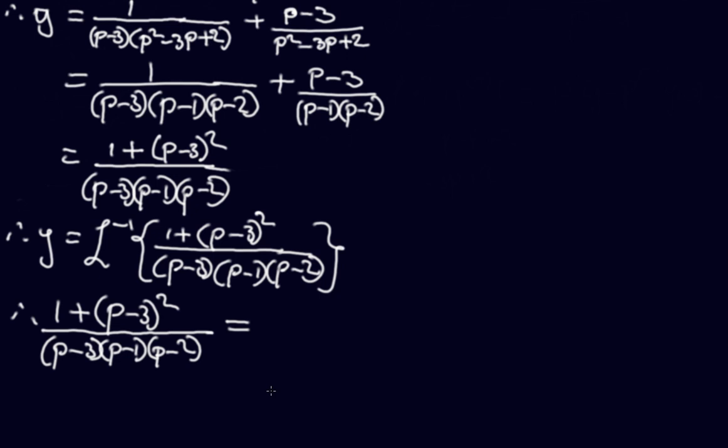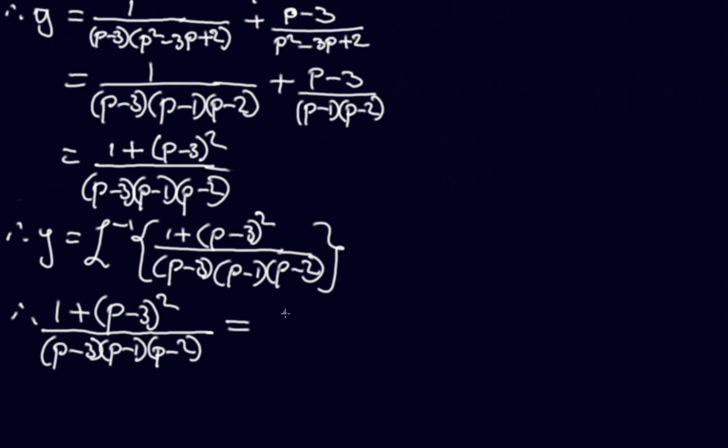So the structure of the partial fractions is determined by the denominator. The factors in the denominator tell you the structure of each and every term in your partial fraction. So all of these factors at the bottom are linear factors.